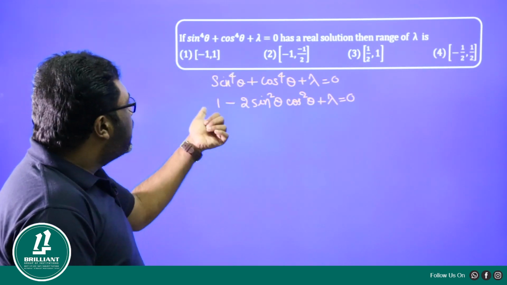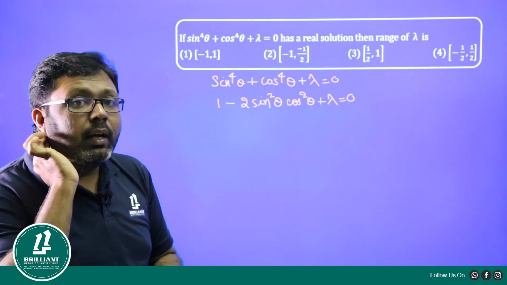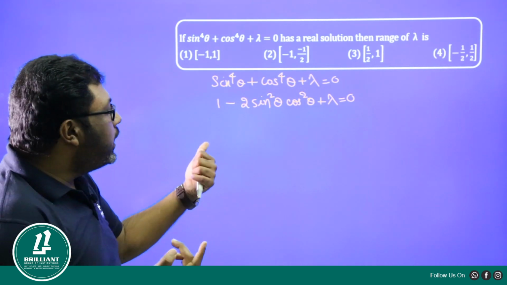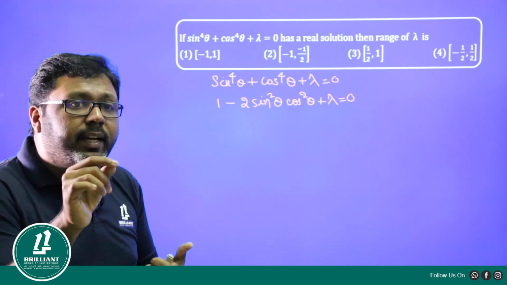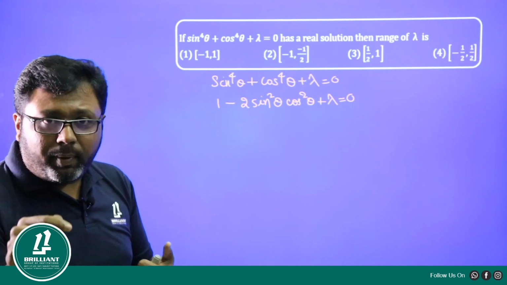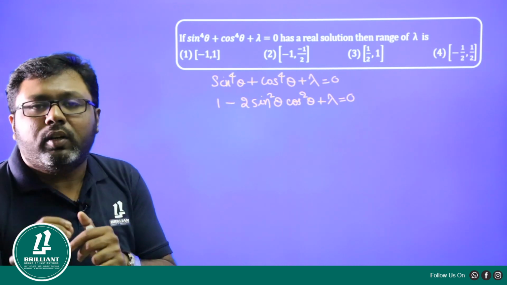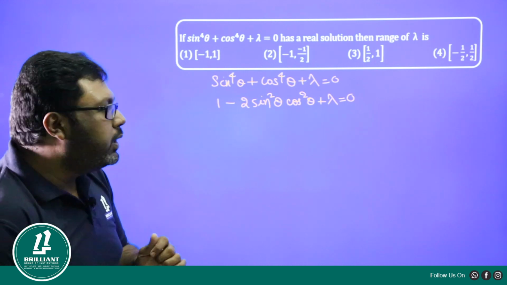How did this happen? This 1 can be treated like sine squared theta plus cos squared theta, which is 1. Yes, sine squared theta plus cos squared theta, but that sine squared is actually sine squared theta whole squared plus cos squared theta whole squared. Here, instead of sine theta and cos theta, I am actually using sine squared theta and cos squared theta. That's all.